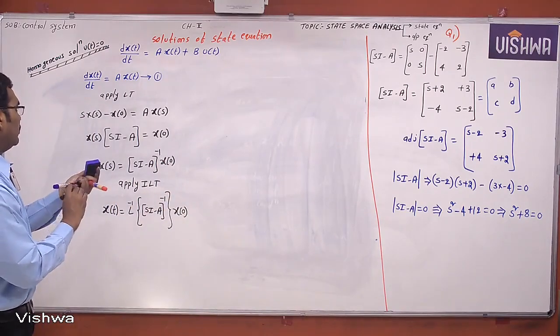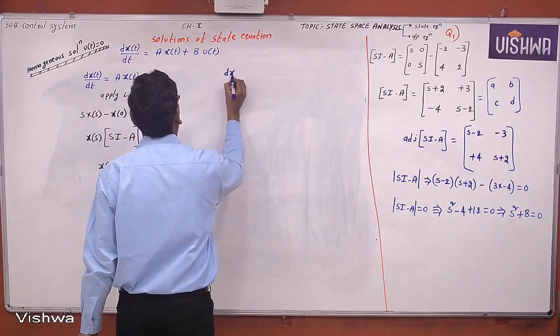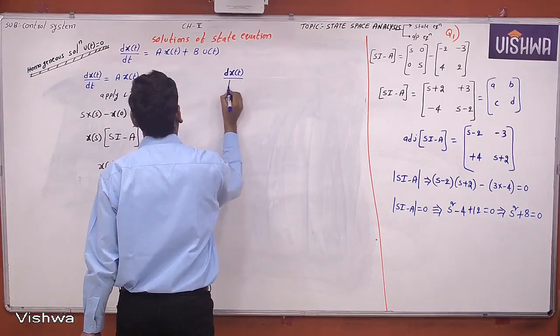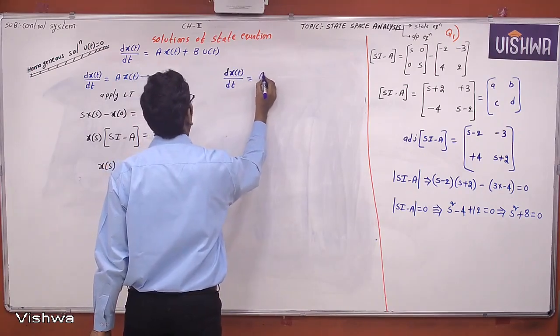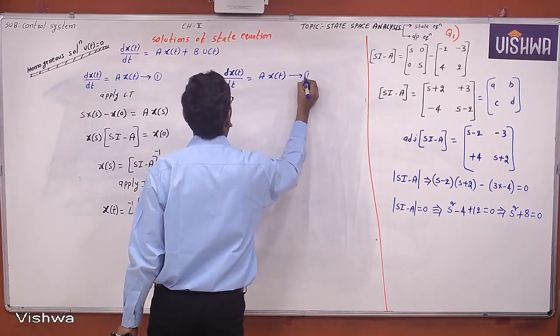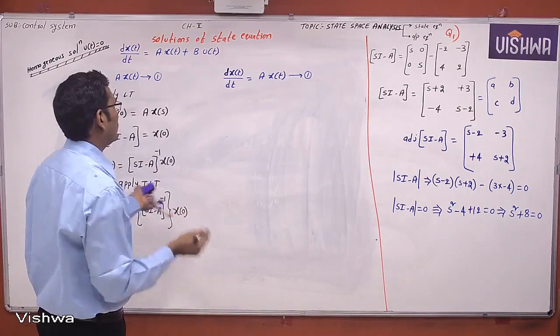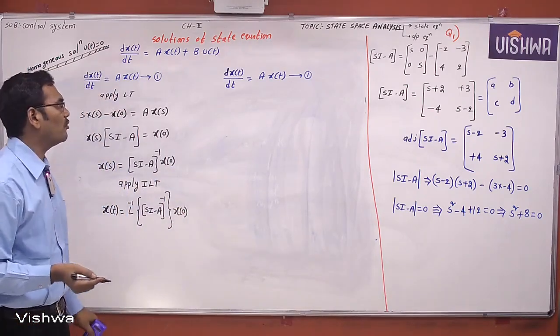Again I take the same equation, dx(t)/dt equals A x(t). This is equation 1. Now can I solve it as a first-order differential equation with constant coefficient?